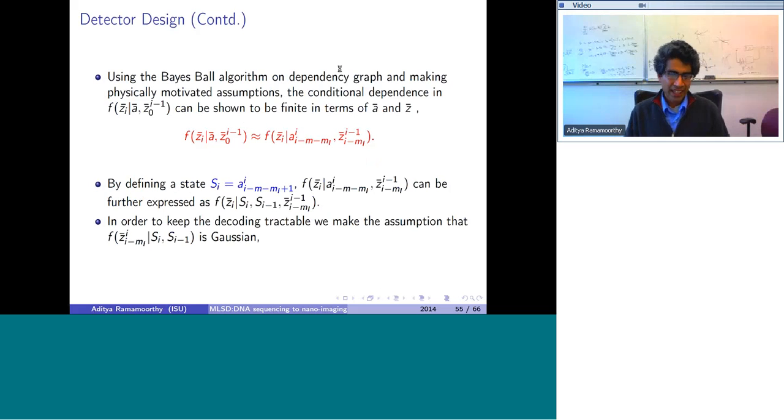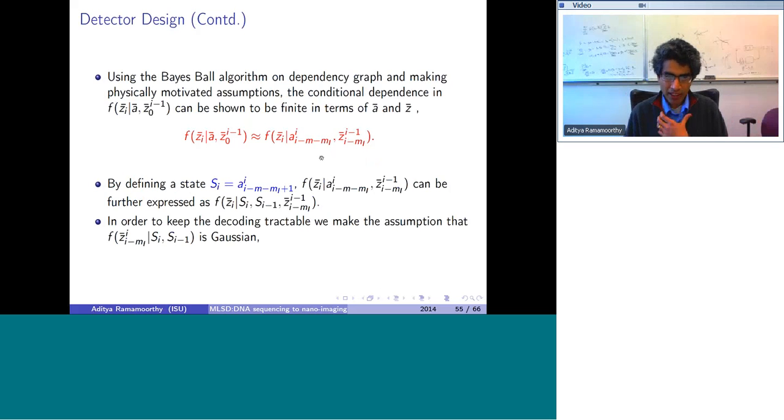one. Again, I'm skipping a lot of things here, but using some ideas from the BCJR algorithm on this dependency graph and making some assumptions, you can cut down the dependence of the ith conditional statistic to finite dependence. It depends only on the last finite number of bits, which is m plus mi, and the last mi previous sufficient statistics.